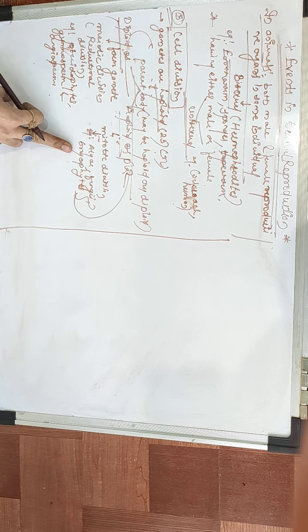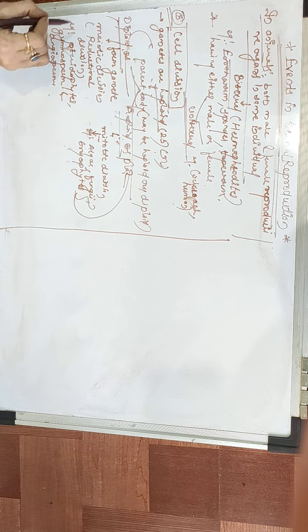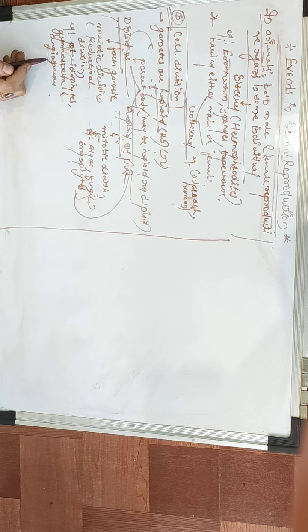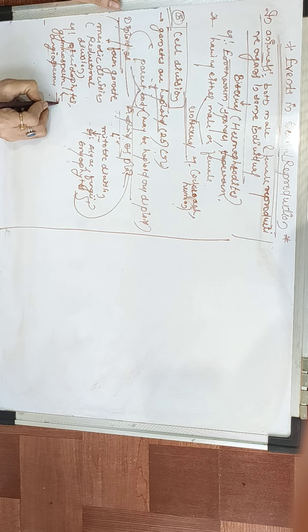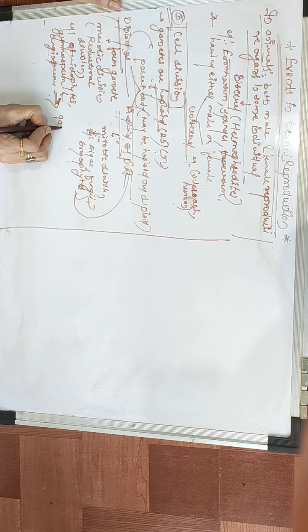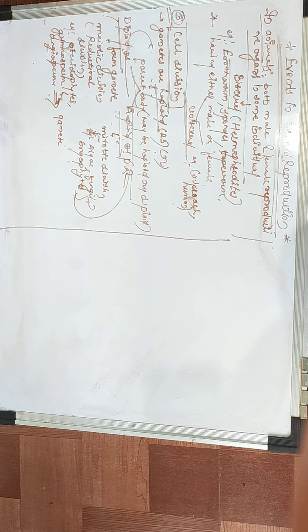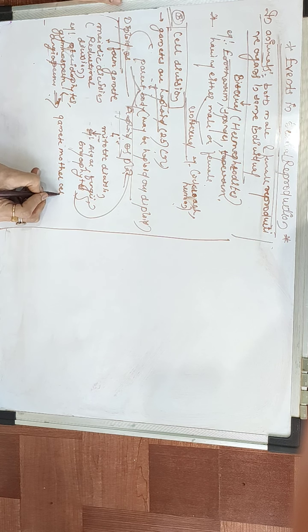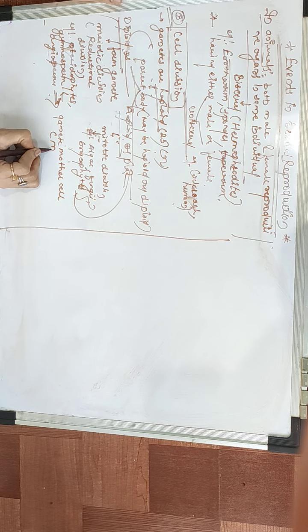Understood? Okay. Now we are talking about diploid organisms. In a diploid organism, there is a specialized cell that is called the gamete mother cell, also known as the meiocyte.